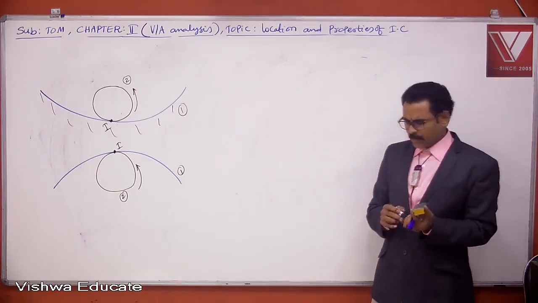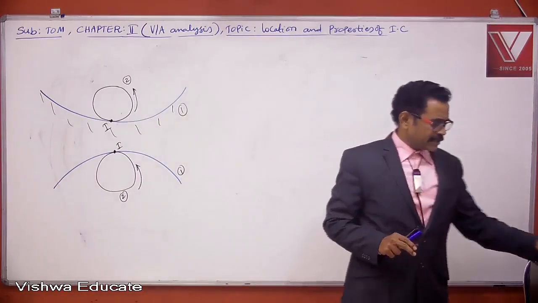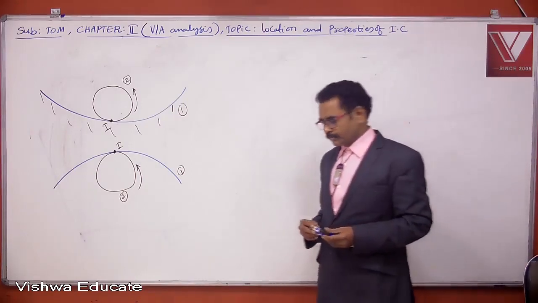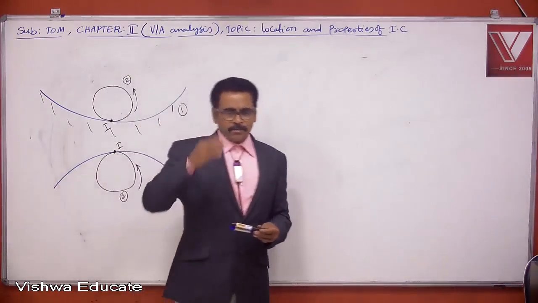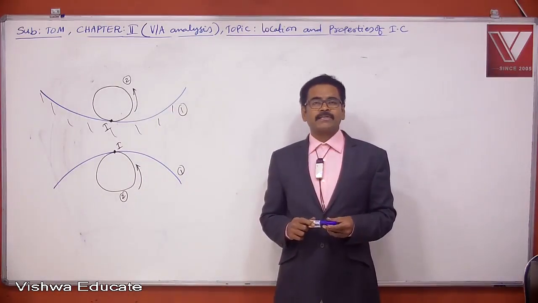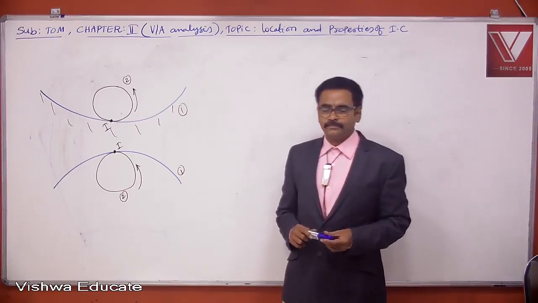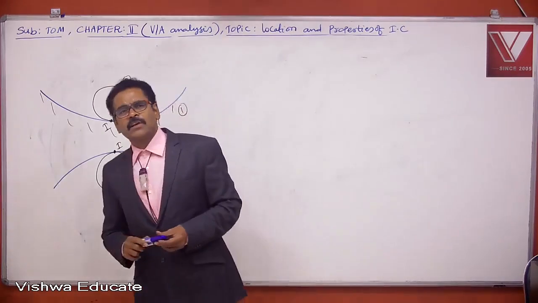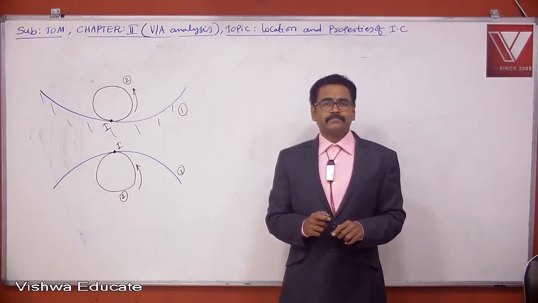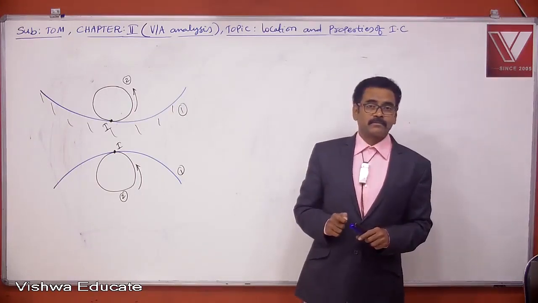Write down next: when two bodies are executing pure sliding motion, their common IC lies at the center of curvature on the common normal.